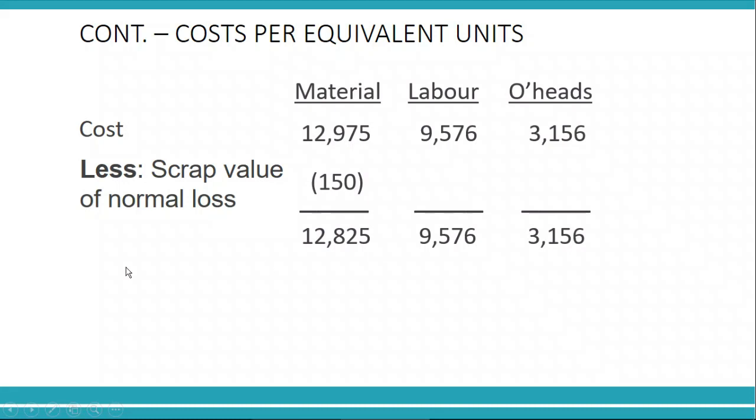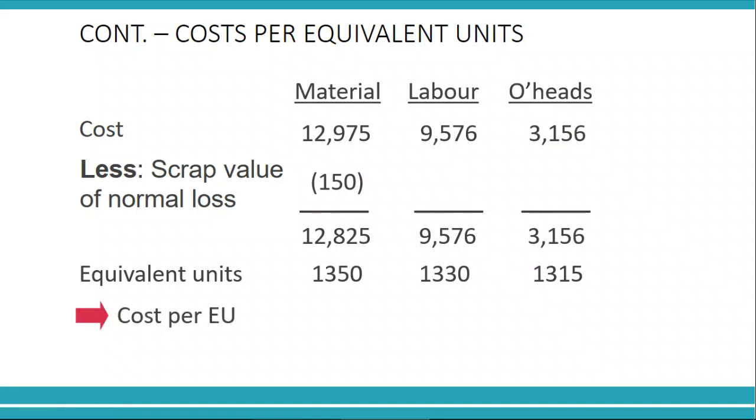And then I will divide them by my equivalent units, which means that after spending $12,825 on material, you get 1,350 equivalent units of material. After spending 9,576 on labor, you get 1,330 equivalent units of labor. And similarly, you will write down for the overheads.